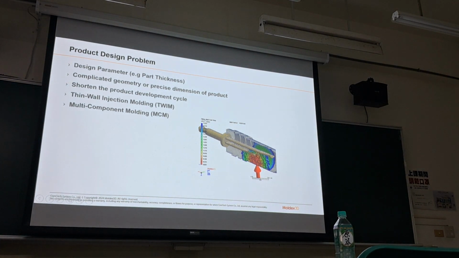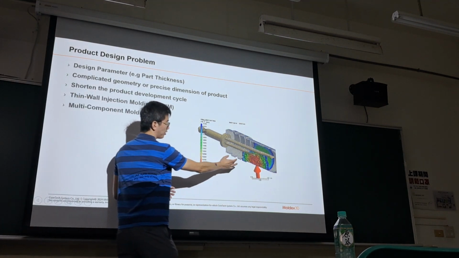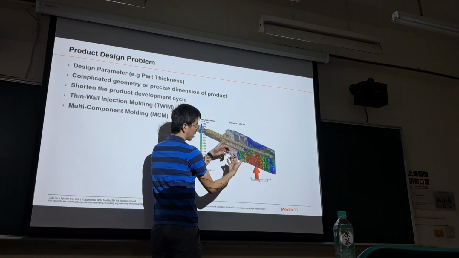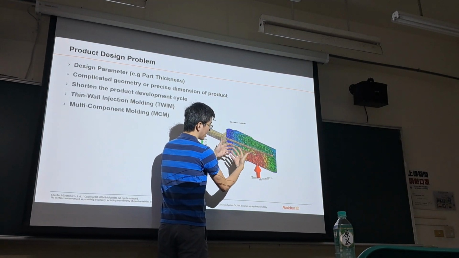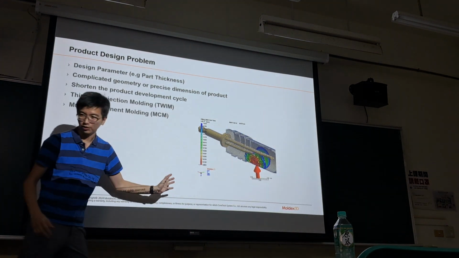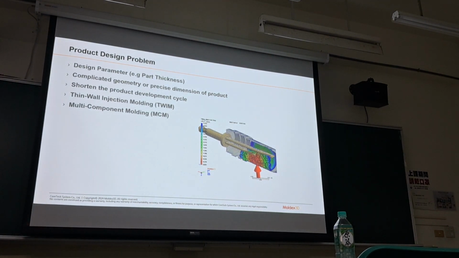Sometimes you may need, for example, a metal insert inside the mold, and then you inject the polymer and mold it together. This is called multi-component molding. So for the simulation, it needs fluid and mechanical interference with each other, like a fluid and solid interaction.